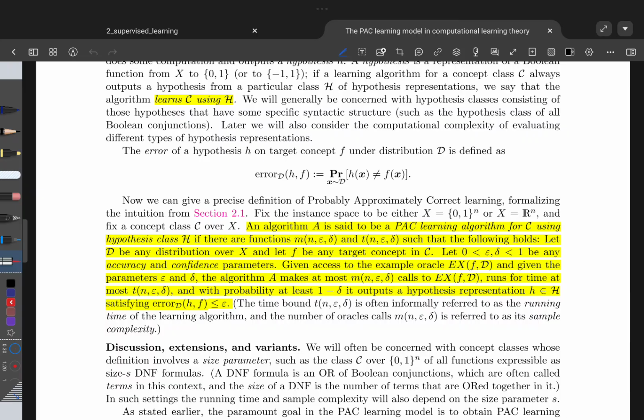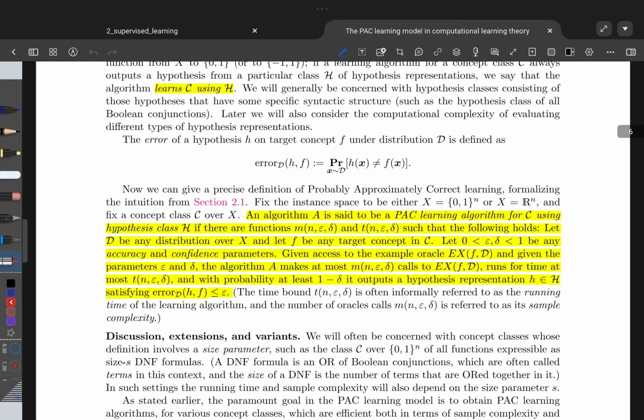So we're looking at binary strings of length n. That's the domain. And it takes m samples as input, and it has runtime t, and it outputs a particular hypothesis or a predictor which has a probability of error at most epsilon, and this happens with probability at least 1 minus delta. So it's essentially the same definition as we had in class, except now the runtime has to be some function of n, epsilon, and delta.